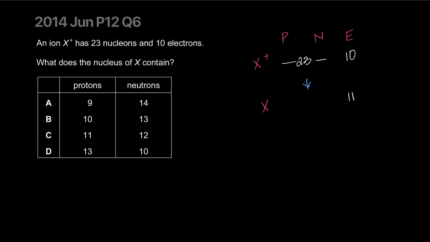I know how many protons it has because it should match the number of electrons on a neutral charge. So it has 11 protons. It had 23 nucleons, 11 of which are protons. So 23 minus 11 is 12. It should have 12 neutrons. All right? So what's matching what?